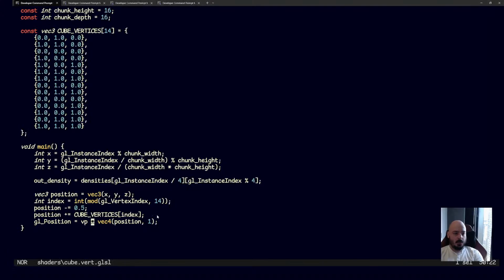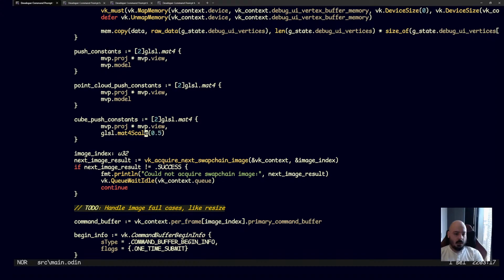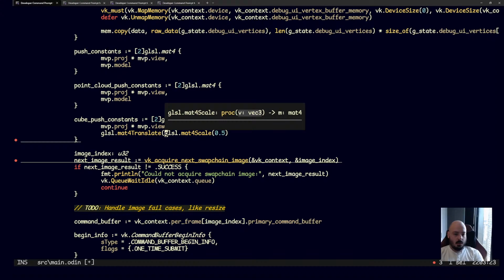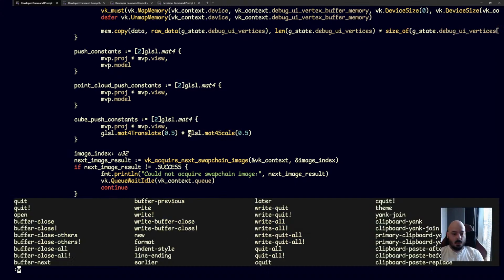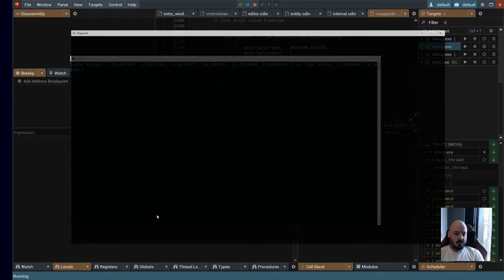Okay, what if we do using a matrix? We scale it and then we translate it. Oh, I can't do... Oh no, I have to multiply these together. Okay, so then we translate it by 0.5. Is it that way or the other way? I guess we'll find out. Oh.